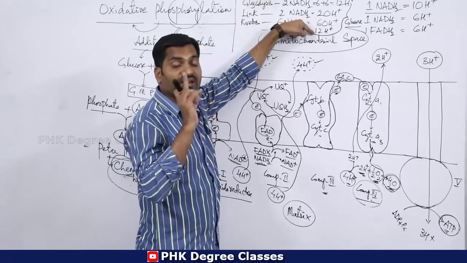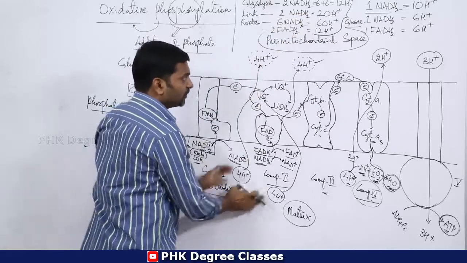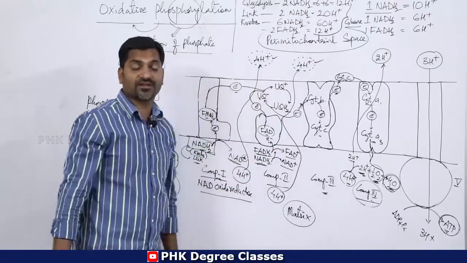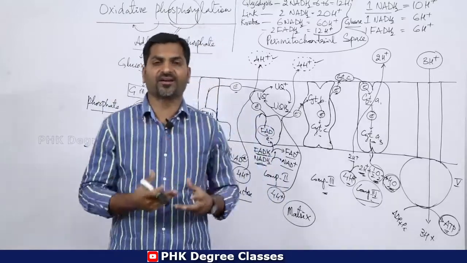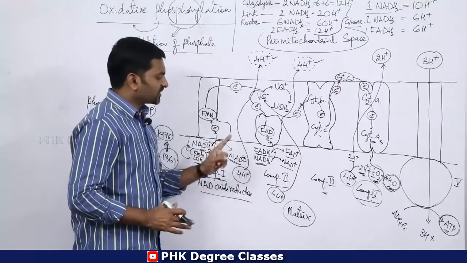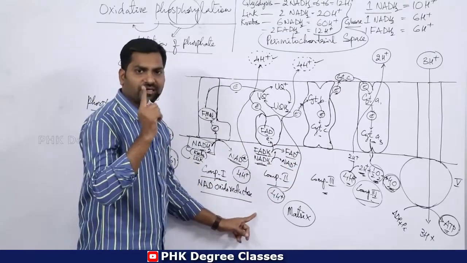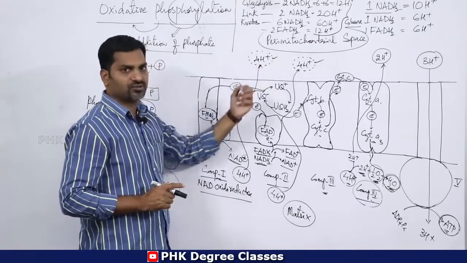So a total of 104 protons move from the matrix to the perimitochondrial space. Just imagine how the mechanism occurs inside the mitochondria. Remember, these 104 protons for each glucose molecule move from the matrix to the perimitochondrial space.